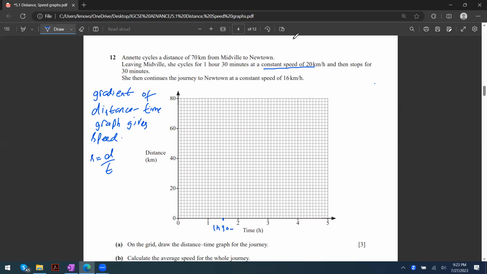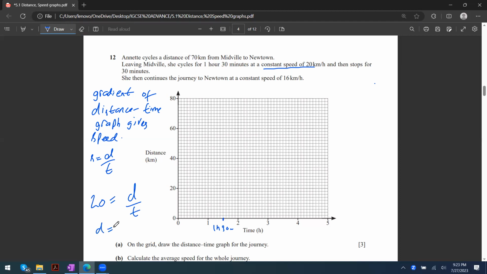So let's find the distance she travels in 1 hour 30 minutes. First of all, distance is equal to speed multiplied by time. Wait, let's find the gradient. That's better. 20 will be distance over time, and time is 1 hour 30 minutes.